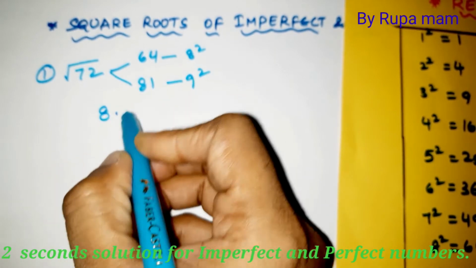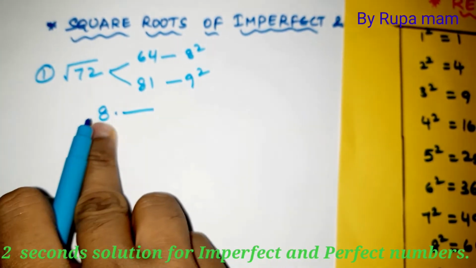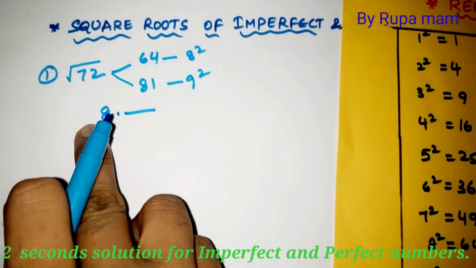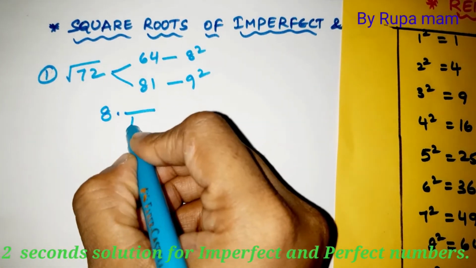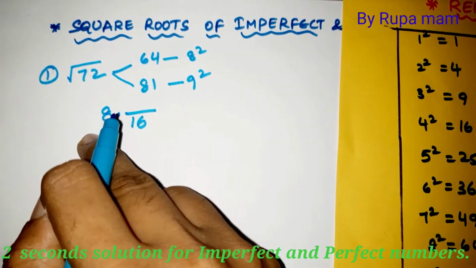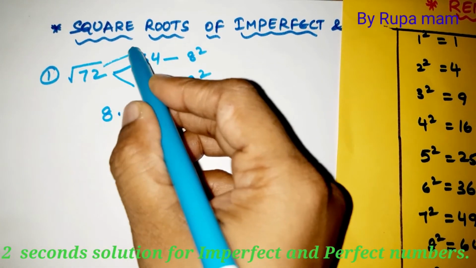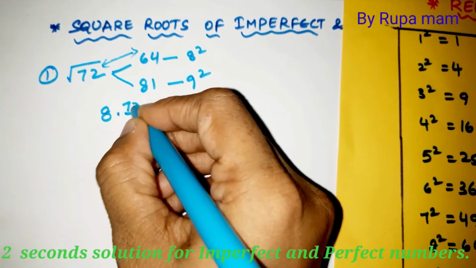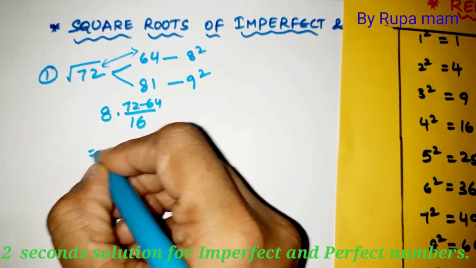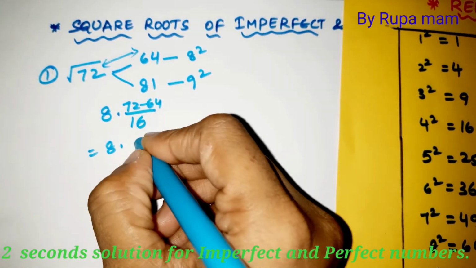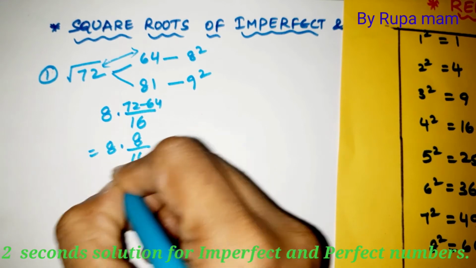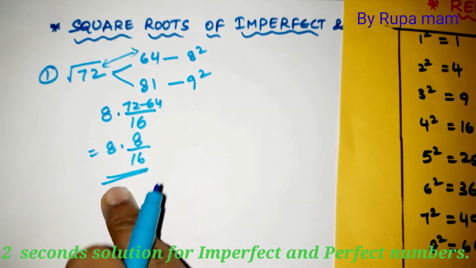First write 8 here. Then in the denominator, double 8, which is 16. Then take the difference, 72 minus 64, that means 8. So 8 by 16 is the fraction, and this is the answer for this question.